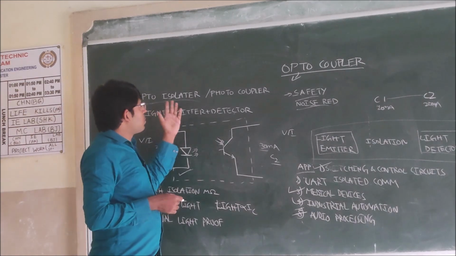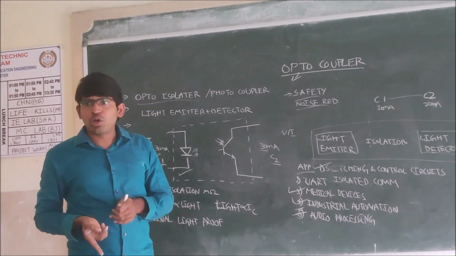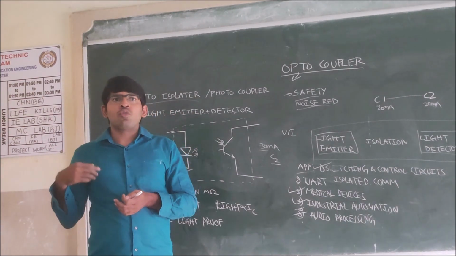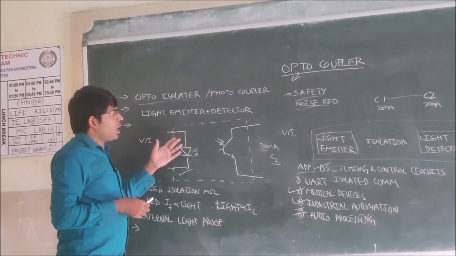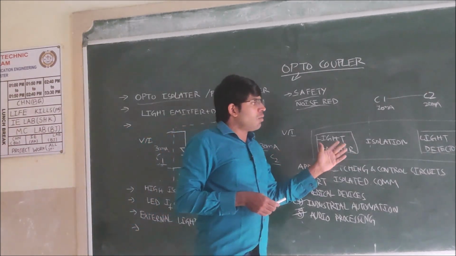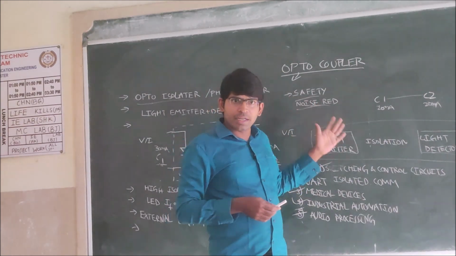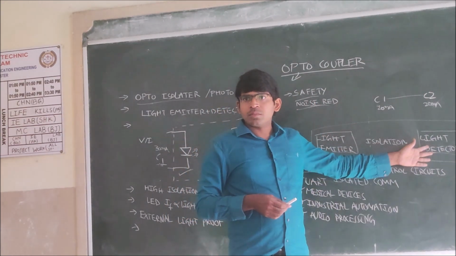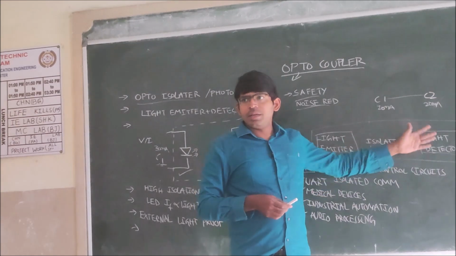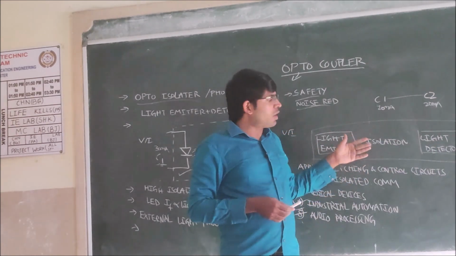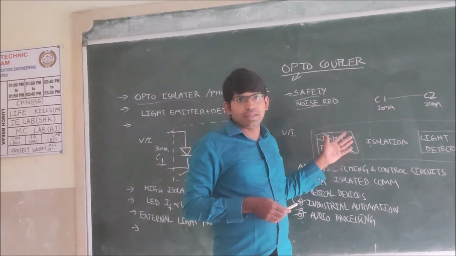So what is another name for the optocoupler? Opto-isolator or photocoupler. In the optocoupler, what are the main components? Light emitter, light detector, isolator. What do we use as the light emitter? LED.